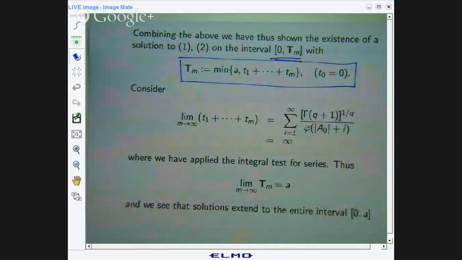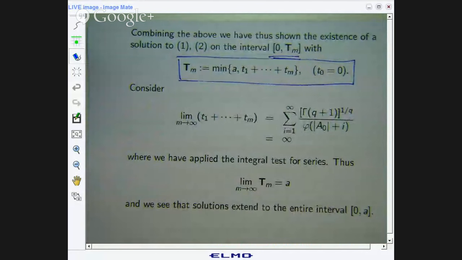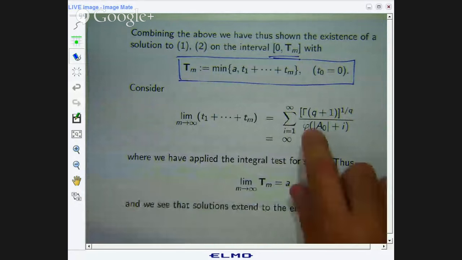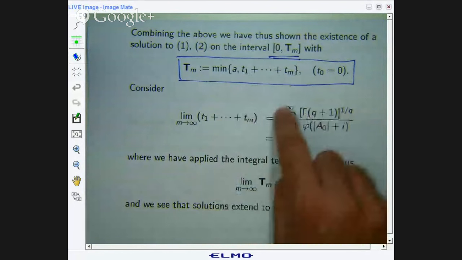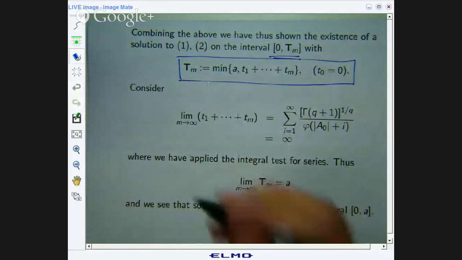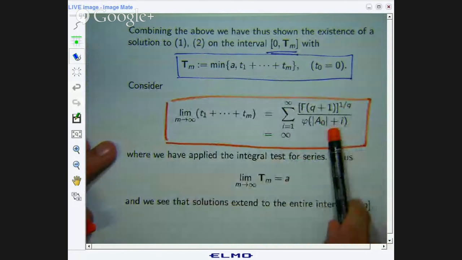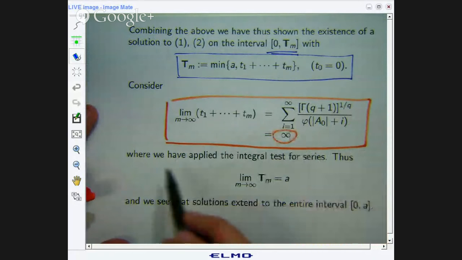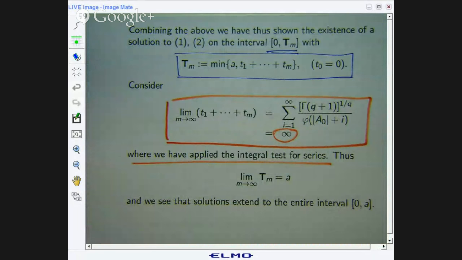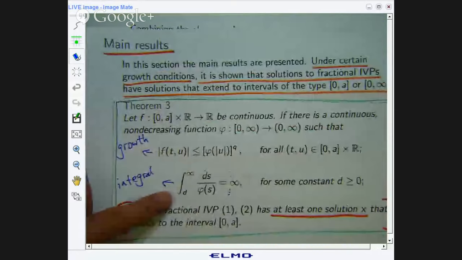So what happens if we keep doing this in the limit? Basically I'm summing up T1, T2, T3, T4, etc. I'll get this sum here, and this sum is infinity. Why? Because we assumed that the integral diverged.